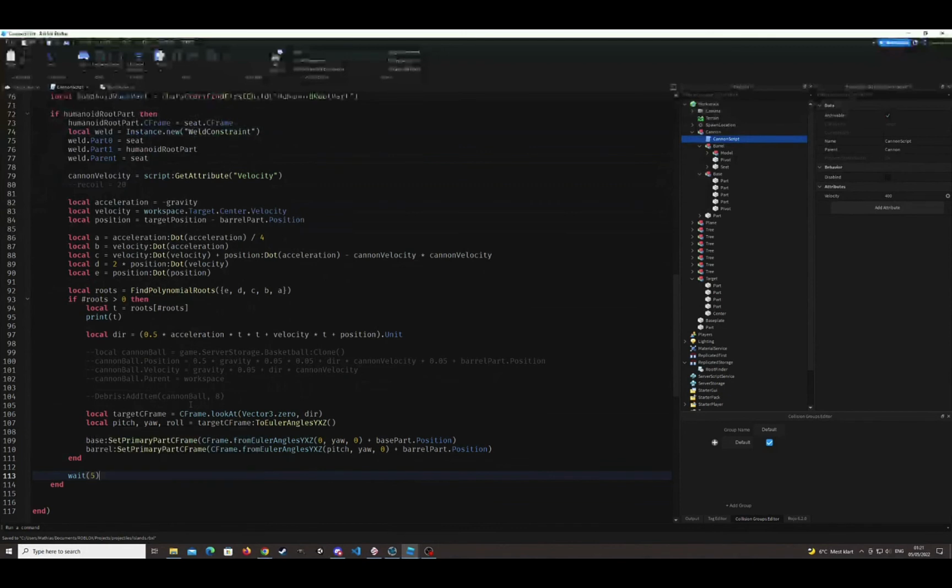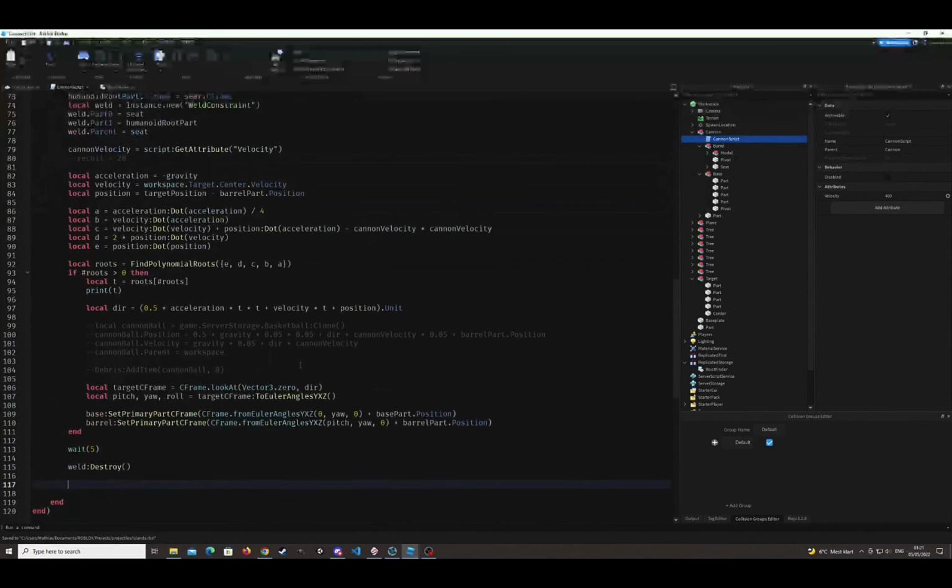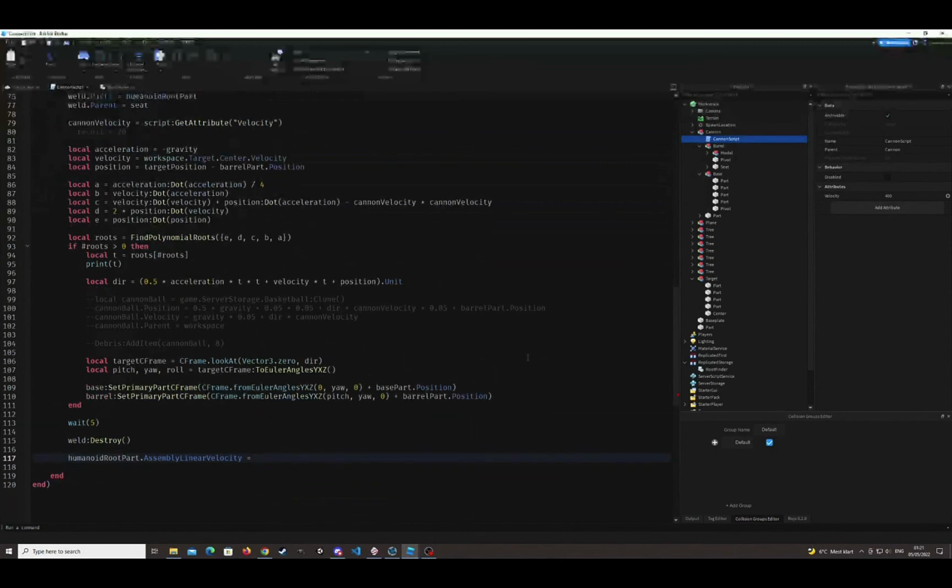Then if we wait, say 5 seconds, and then we destroy the weld, and then we say character, or I guess humanoid root part dot assembly linear velocity, which would be the direction that we calculated, which we calculated in here.